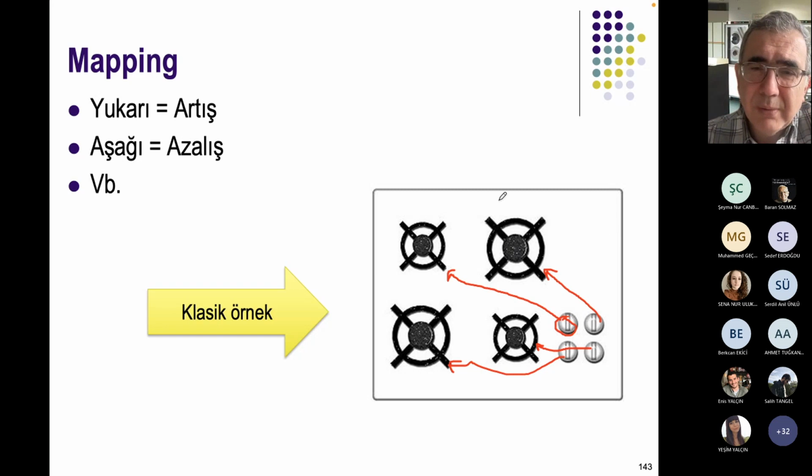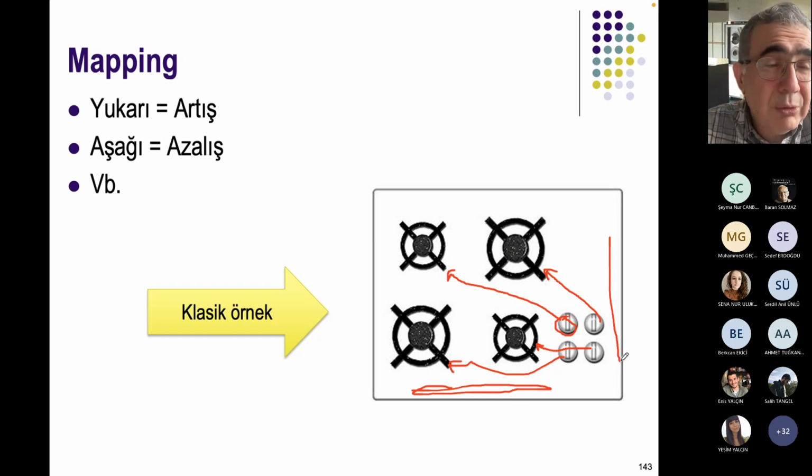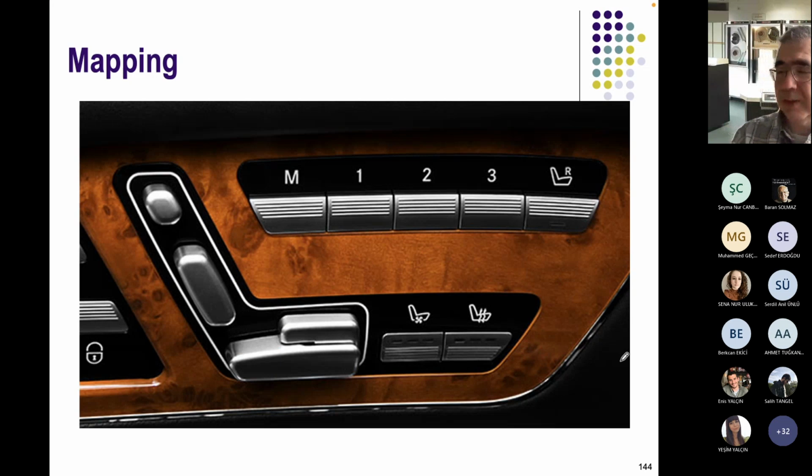If these were placed straight in the front or straight to the side, then it would be very difficult to understand which is controlling which without looking at the control, and you will make mistakes sometimes. So this is a good example of mapping, such as increasing a variable: as you turn to the right, the level is increasing. As you move to the right, you are going forward.